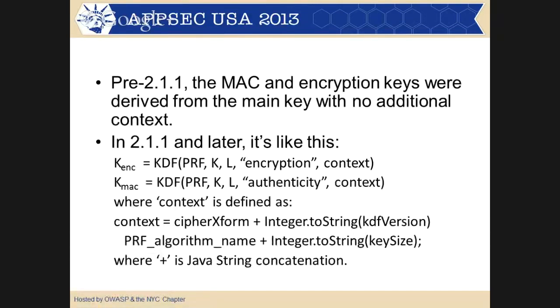So the first thing I have to do is remove that singleton in the Java encryptor, and then there'll be an additional method to set the context. The plan is that the context will take the cipher transformation, the KDF version converted to an integer, the algorithm name used for the pseudo-random function, which by default is HMAC-SHA256, and the key size, and all that will be put into the context.